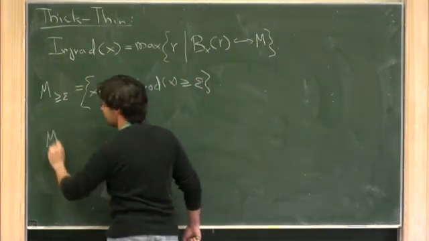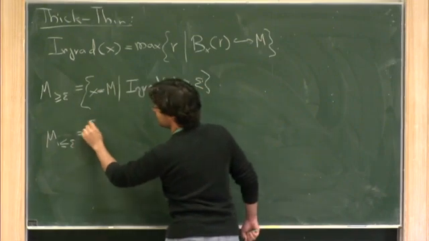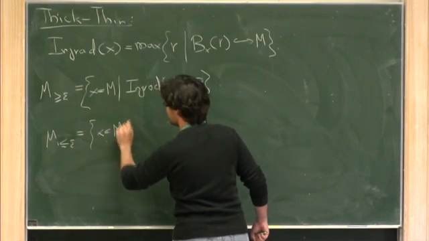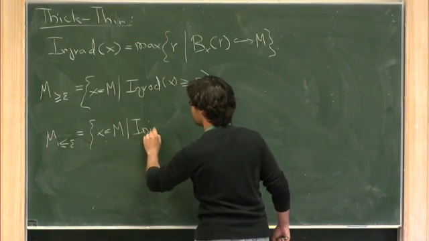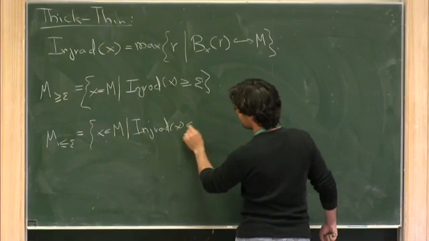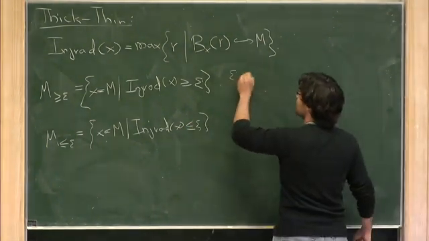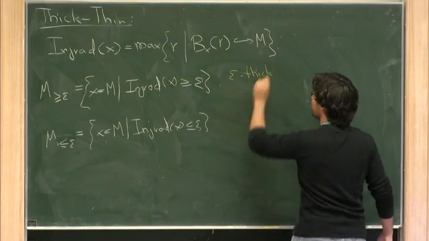And then there is the thin part, M less than or equal to epsilon. That's the set of points where the injectivity radius is at most epsilon. Right, so this is epsilon-thick. This is epsilon-thin.